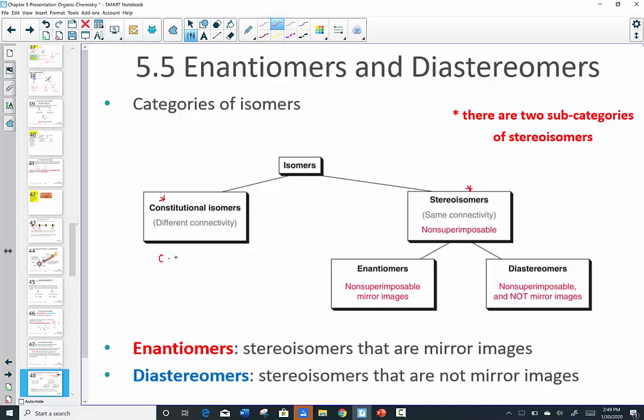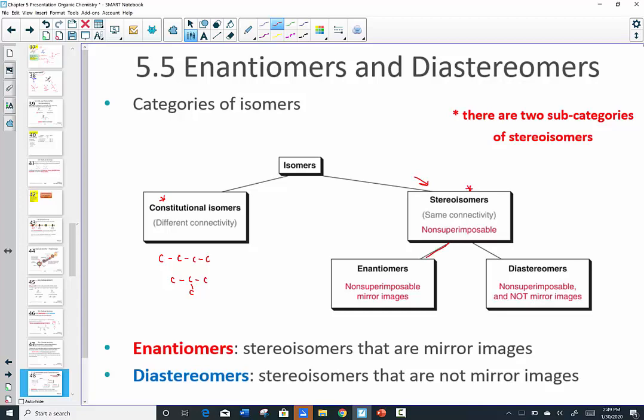Constitutional isomers are molecules that have the same molecular formula, they just have their atoms attached in a different order. Butane and 2-methylpropane are examples of constitutional isomers. Those molecules that have the same connectivity, but are connected in space differently, are known as stereoisomers.